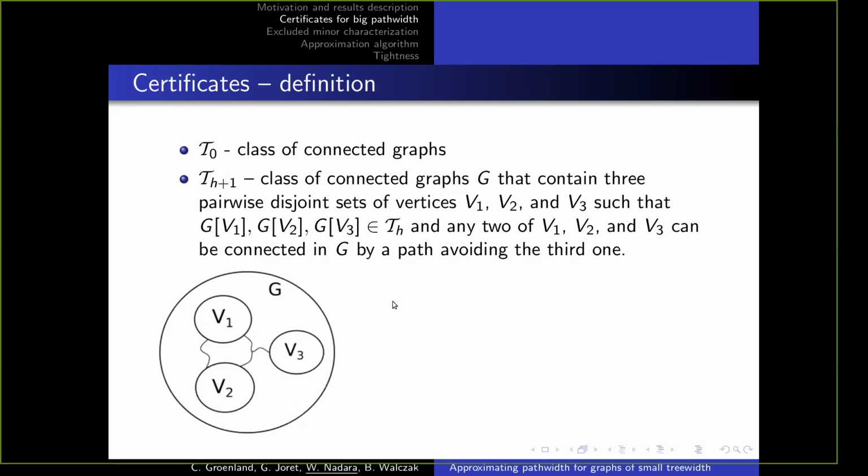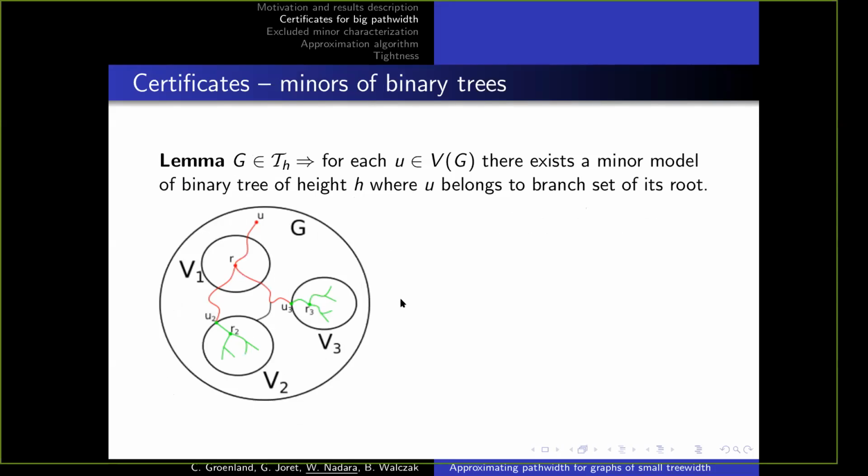And we would like to prove a few properties of graphs that are contained in these T_h classes. The first property is that if a graph belongs to T_h, then it contains a binary tree of height h as a minor.